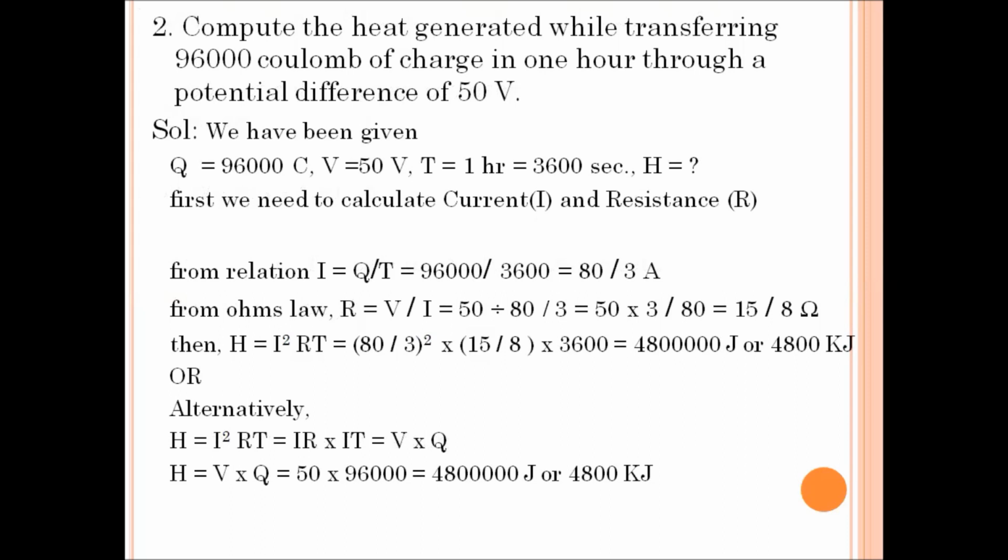And then substitute values of I and R obtained in Joule's law formula, as shown. Alternatively, we can calculate heat generated by using formula H equals V into Q, as shown.